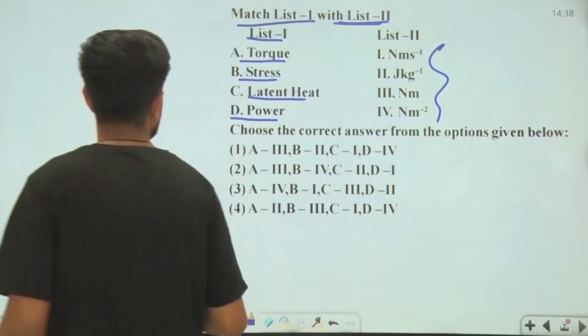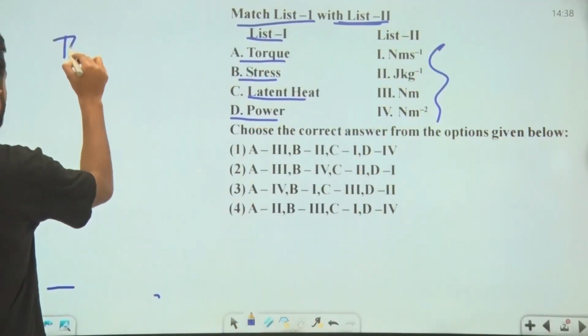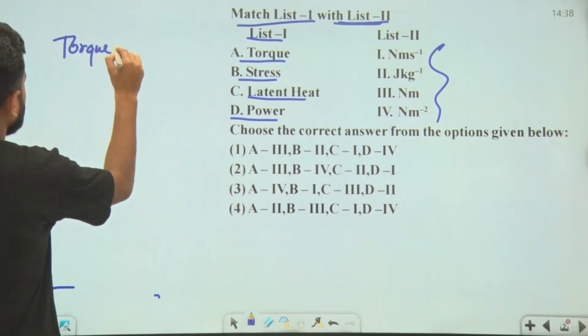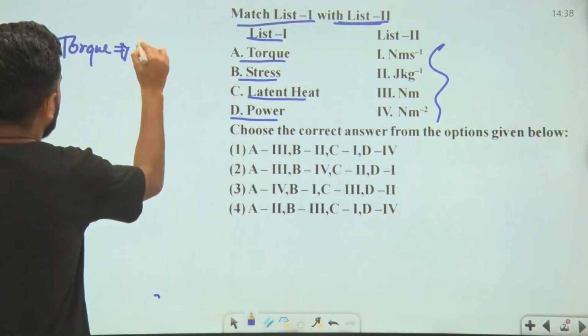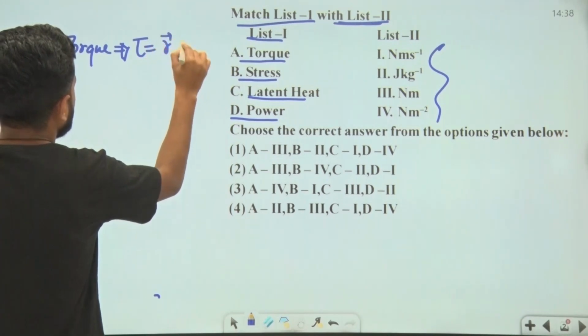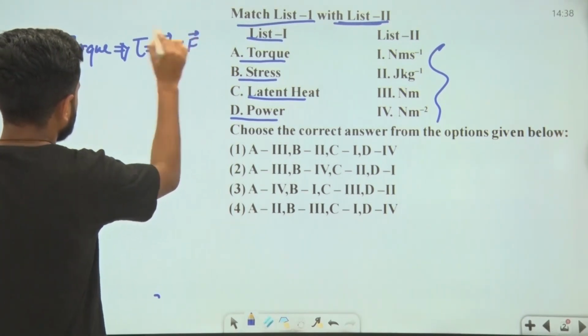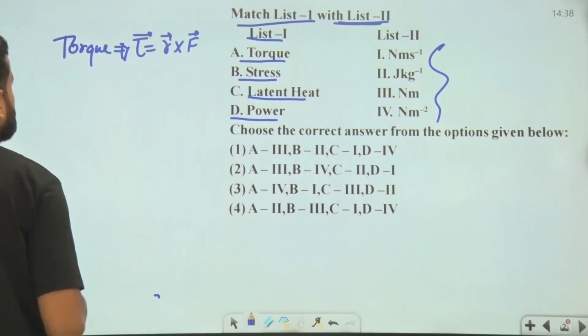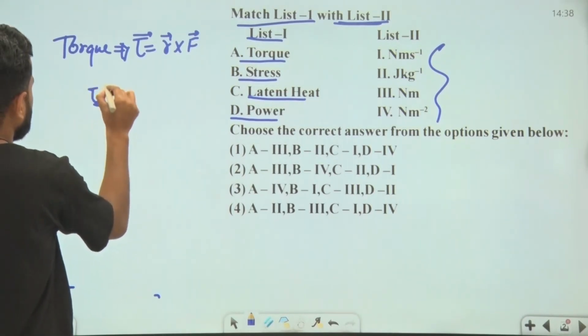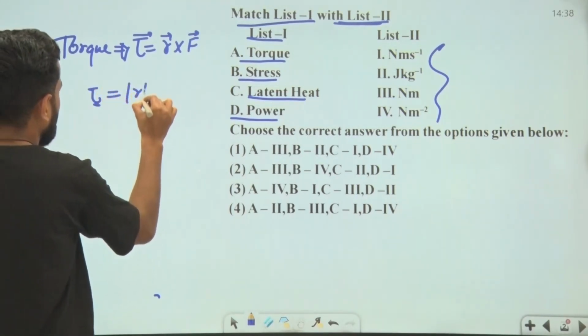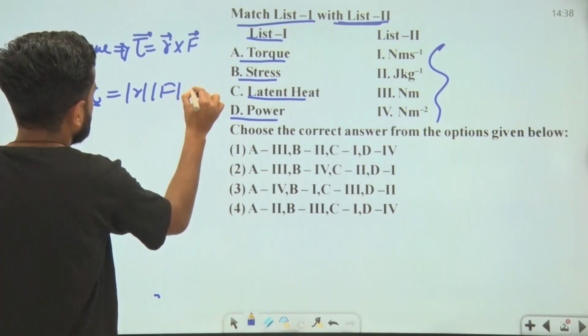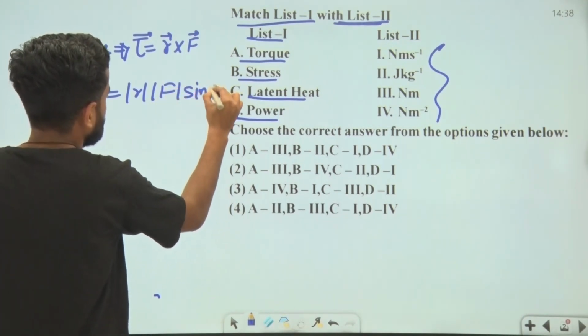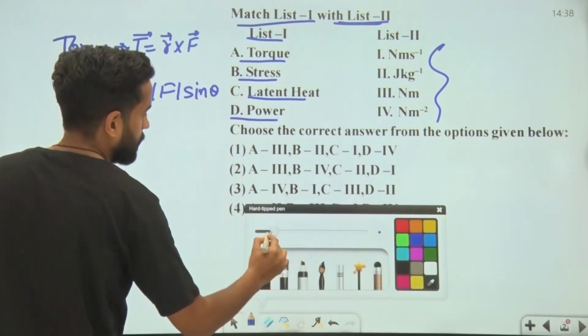First, taking up torque. Torque tau is equal to R cross F vector. If I talk about the magnitude, then torque is given as mod of R, mod of F, sine theta.